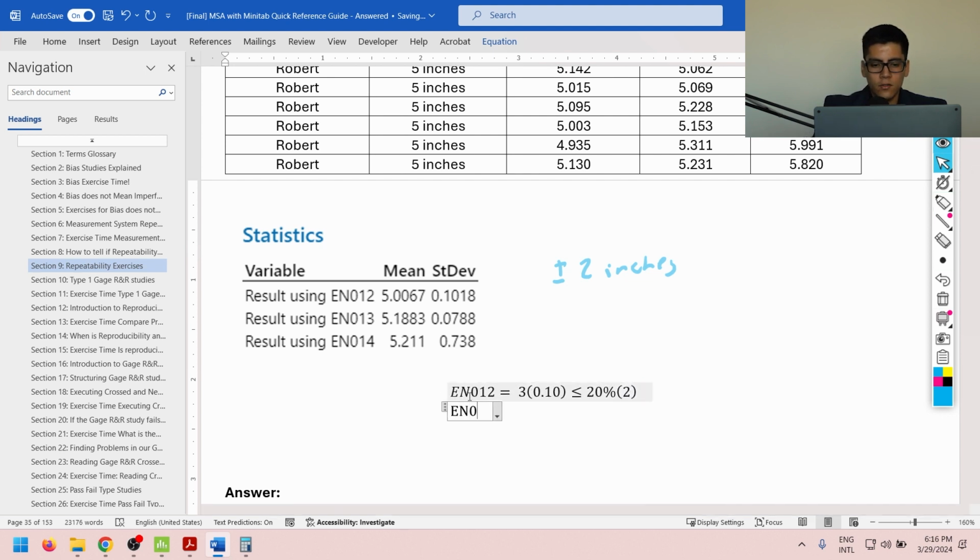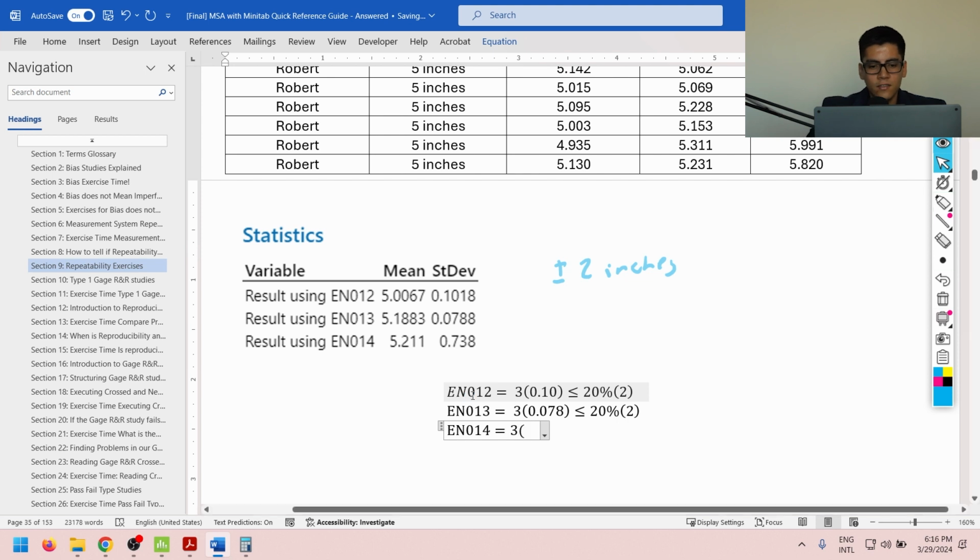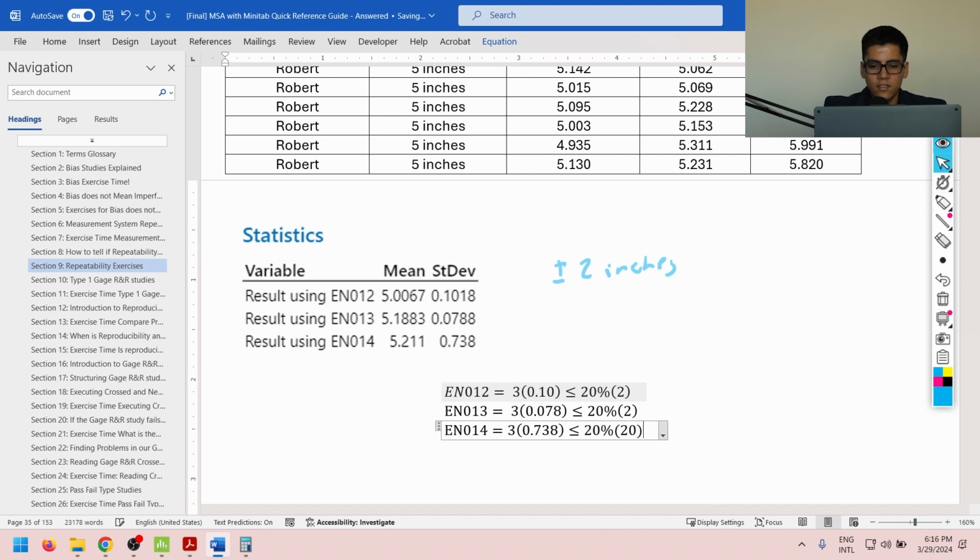For EN013, needs to be 3 times 0.078, there we go, needs to be less than or equal to 20% of 2 inches. And lastly, for EN014, 3 times the standard deviation of 0.738 needs to be less than or equal to 20% of 2 inches.